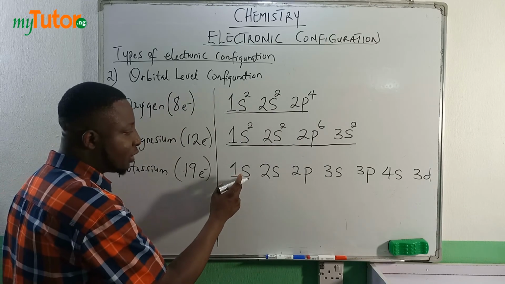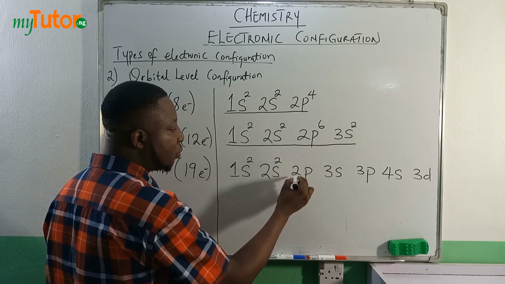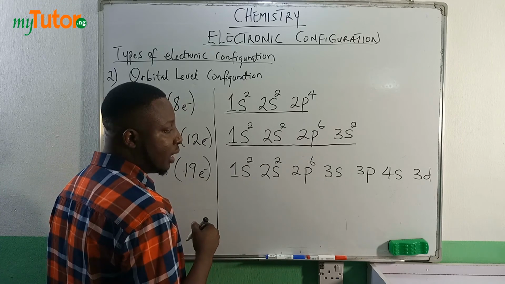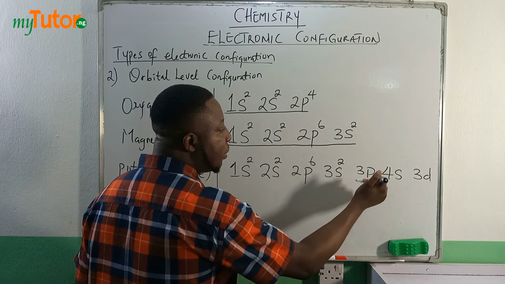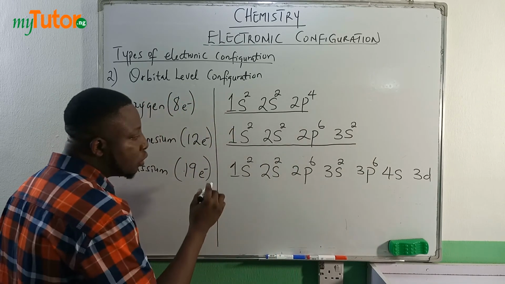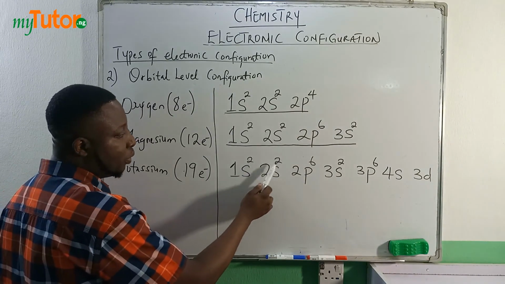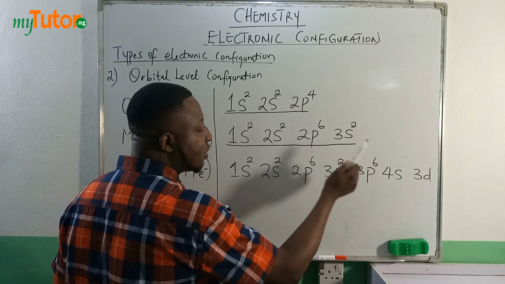The 1s will take 2 electrons, the 2s will take 2, the 2p will take 6. We have added 10 electrons so far. The 3s will take 2, the 3p will take 6. So far we have added a total of 18 electrons. 2 plus 2 is 4, plus 6, 10, plus 2, 12, and plus 6, 18.